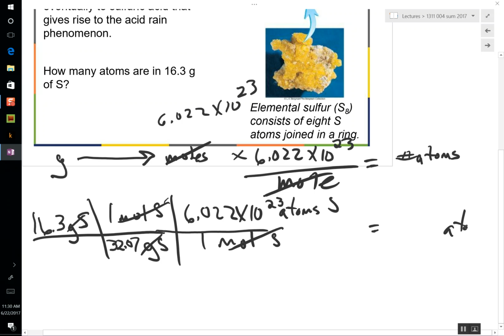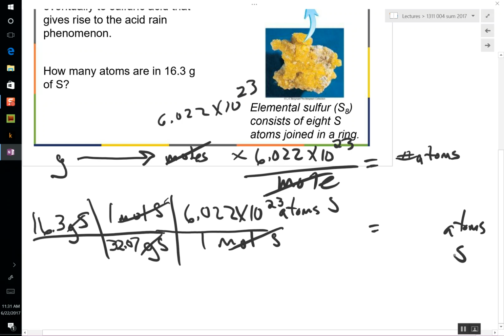And now I have atoms of sulfur. Okay? So there you can see my strategy above there. I'm going from grams to moles to atoms. I have to go through moles. So let's do that calculation, see what that answer is.